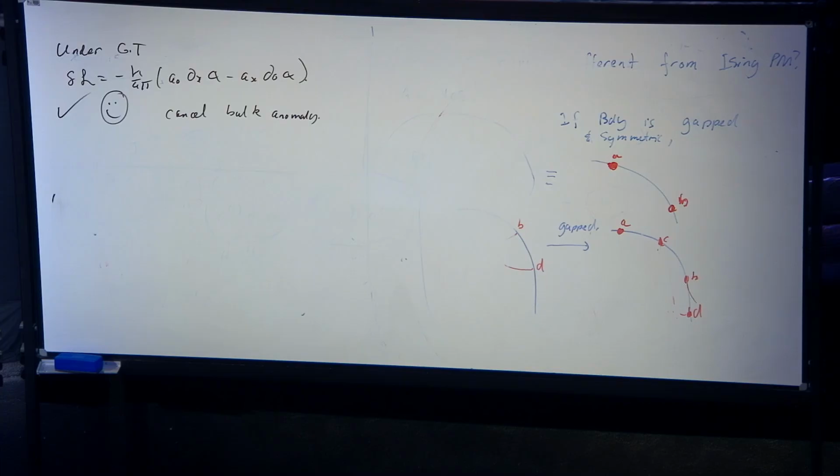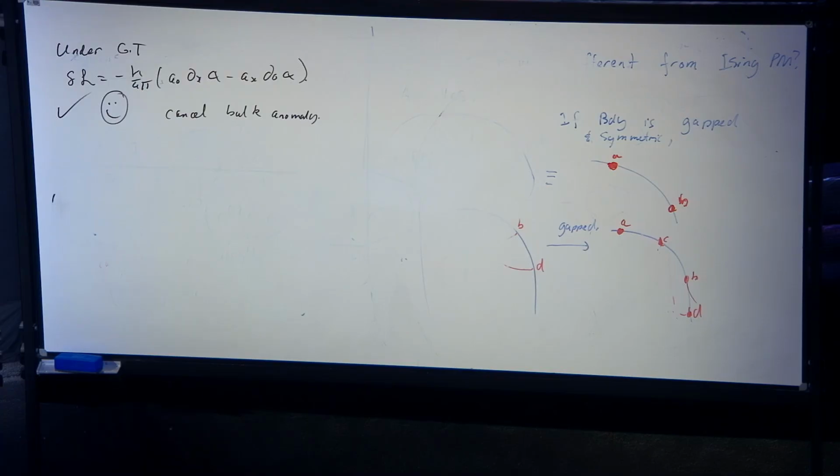Does it make sense to say that this is the anomaly associated with some symmetry in the bulk? Yeah, that's right. So basically, the fact that I write down this action means that either A is an honest to goodness gauge field, so then I have a U1 gauge symmetry, okay?